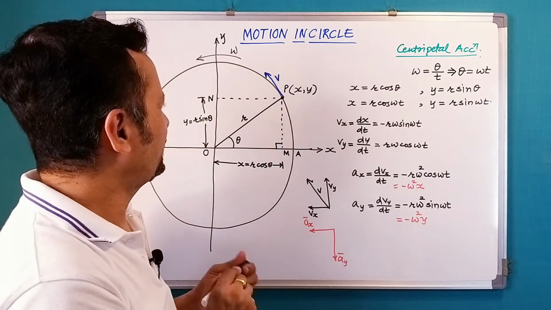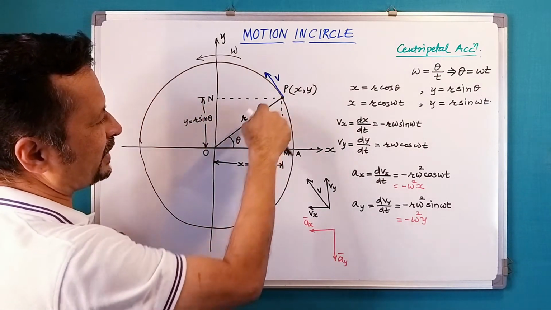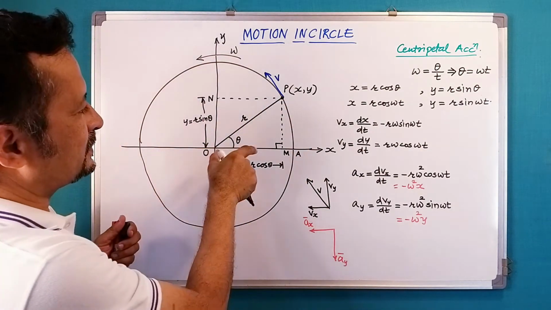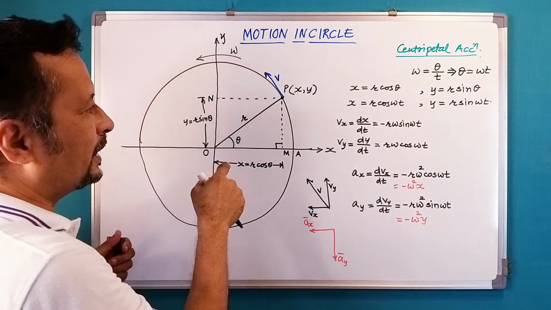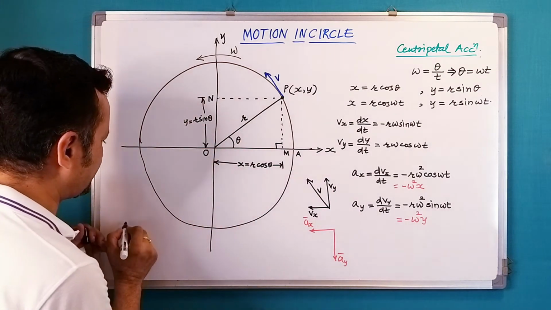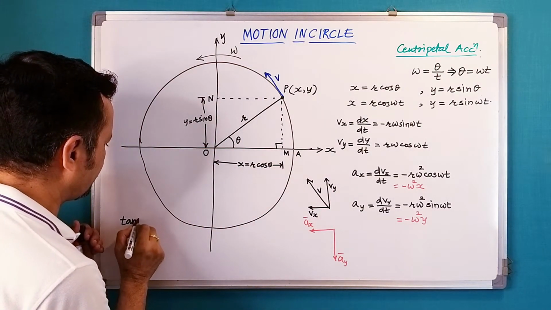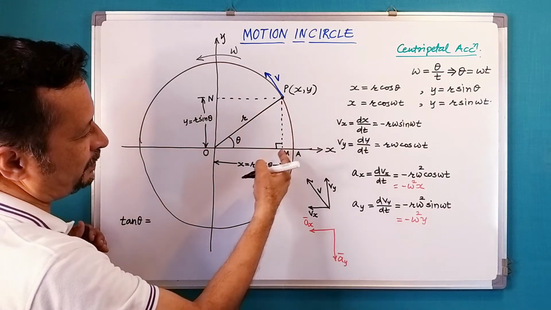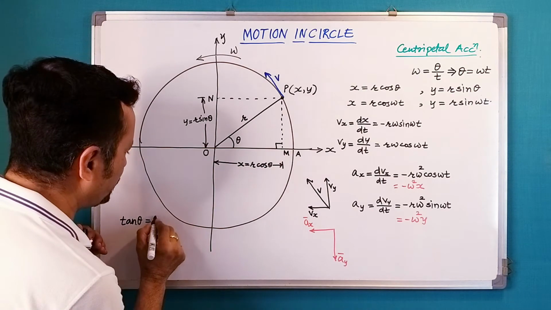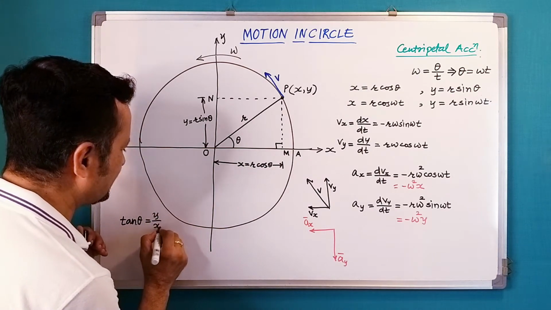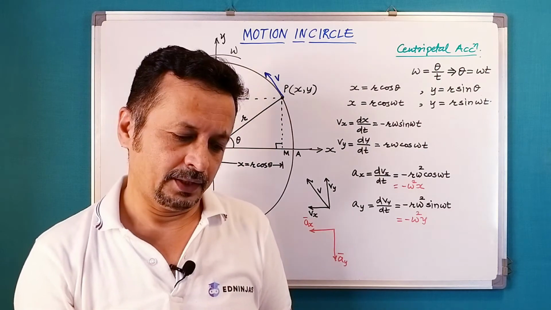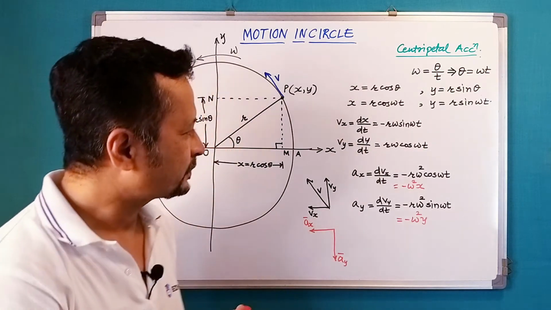Here if you look at this triangle OMP, theta is the angle, and if I find tan theta, it is equal to y by x, so it is PM upon OM, so it is y by x, correct? There is some purpose to that.